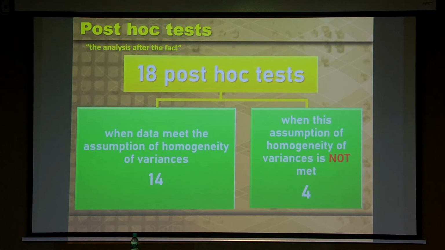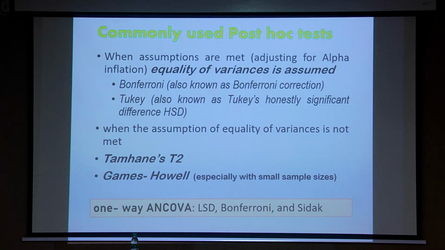If the assumption of homogeneity is not met, we have another 4. In SPSS, it usually uses Bonferroni correction and Tukey's B correction. These two corrections we use when the variance is assumed or accepted.